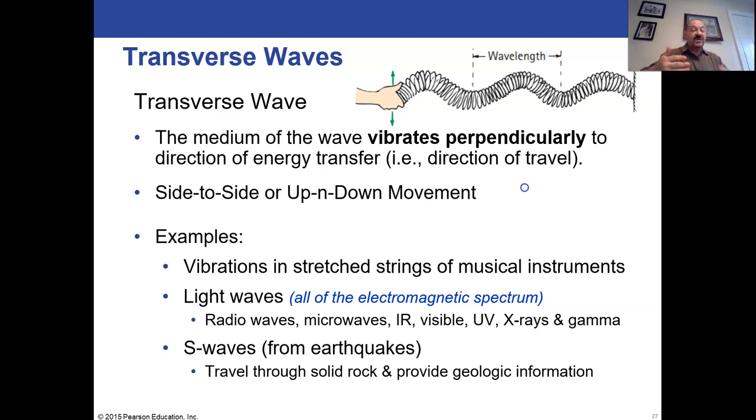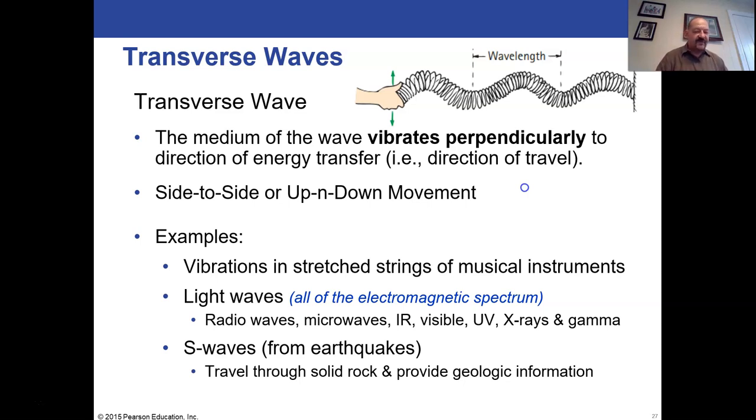Both of these are perpendicular to each other, and they're both perpendicular to the direction of the wave. We'll talk about that more when we talk about light waves in another unit. Both waves in the EM waves are perpendicular to the direction of the wave. And these include all the EM waves: radio waves, microwaves, infrared, visible light that we can see, ultraviolet waves, X-rays, and gamma rays.